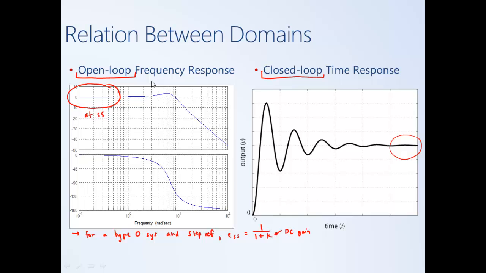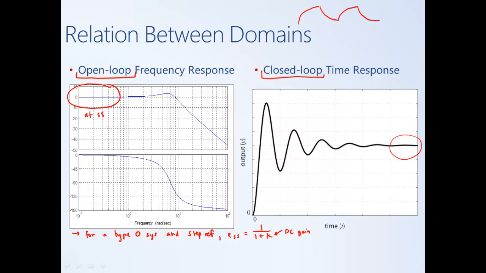So you could sort of imagine, let's say we had a first order system. If we put in a step input and then we turn the step off, and then we turn the step on, and then we turn the step off. If we do it at a very slow frequency, the system has a lot of time to react, and so it can get very close to its steady state value.